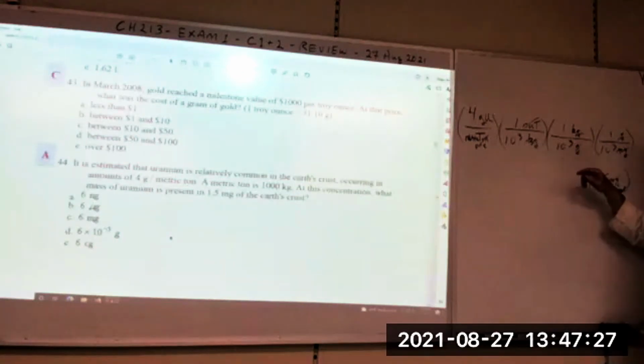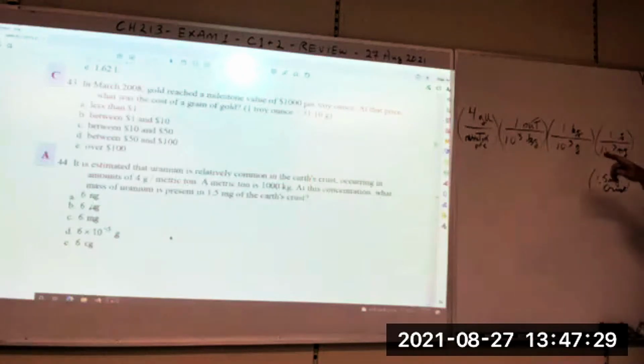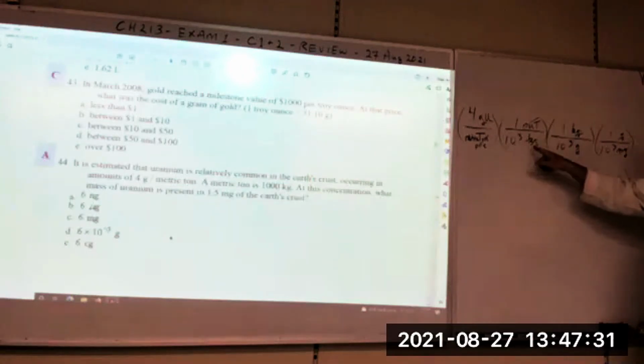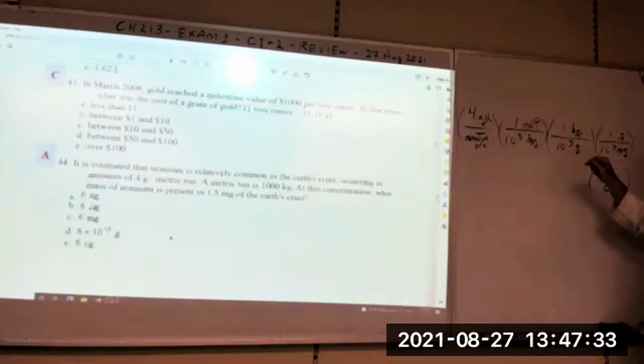When you multiply exponents of the same root, you add them together. So that's 10 to the 9th. I'm going to divide that. Okay, so I've got 6 times 10 to the minus 9th grams.